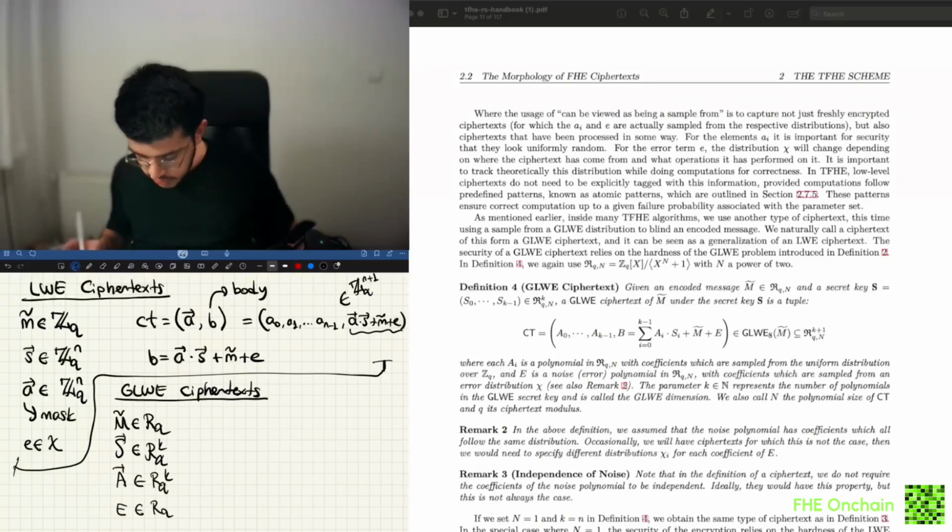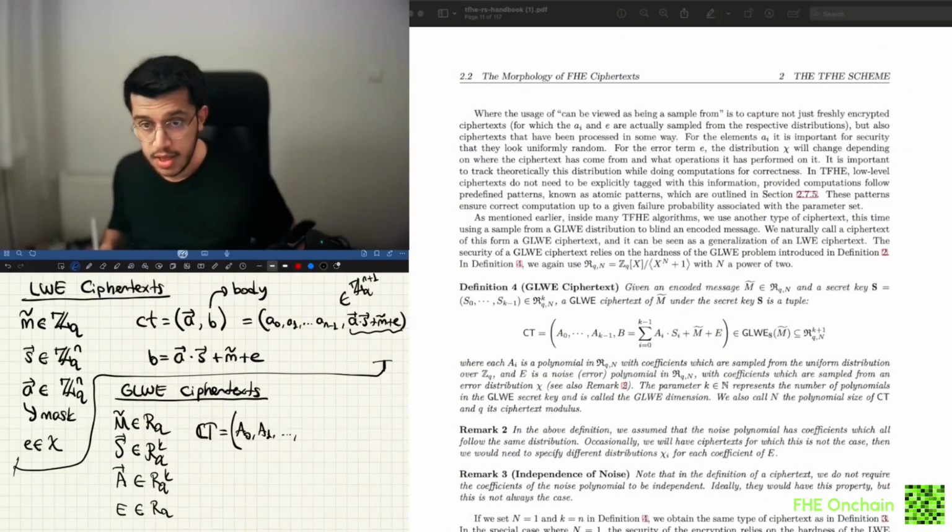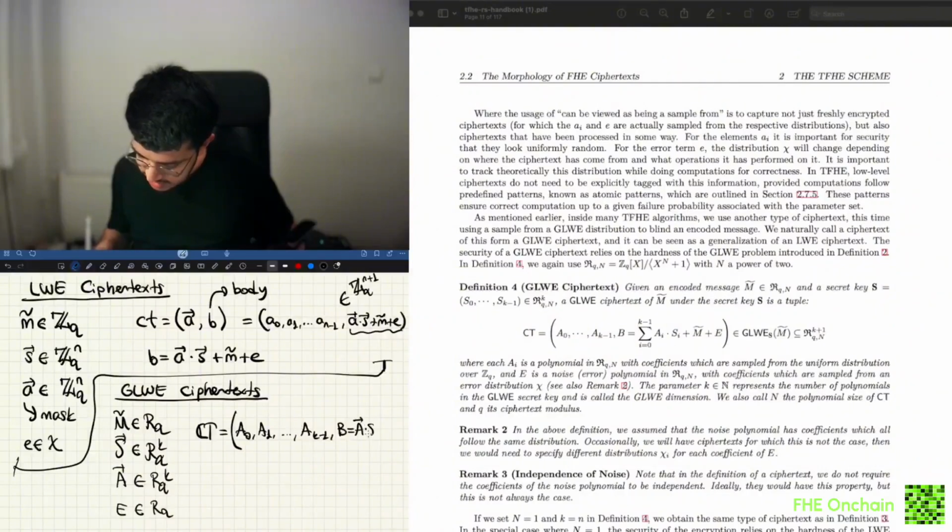So the formula is again the same. CT is equal to a vector of polynomials, A0 polynomial, A1 till A K minus 1, and B, which is equal to A dot S plus M tilde plus epsilon.